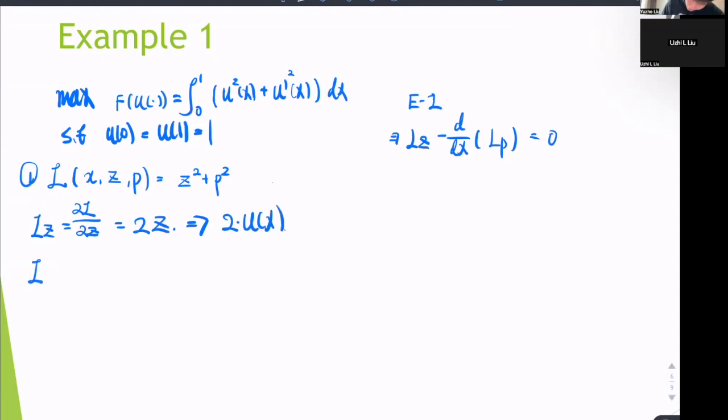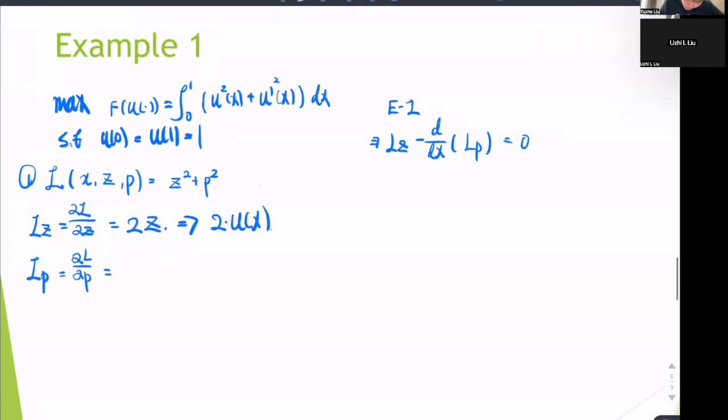And now we have to find L_p, the derivative with respect to p, which is 2u prime of x.